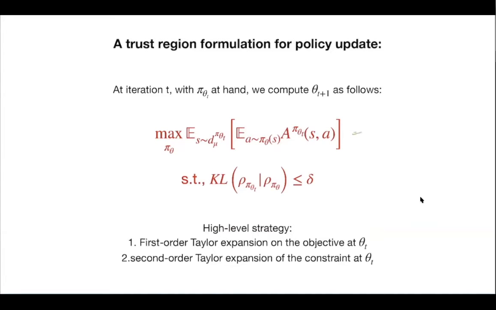So what I'm going to do here is linearize my objective function at the current point theta t. And I'm going to quadratize. I don't know how to write quadratize.